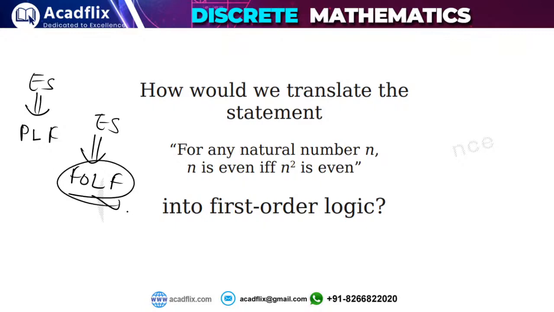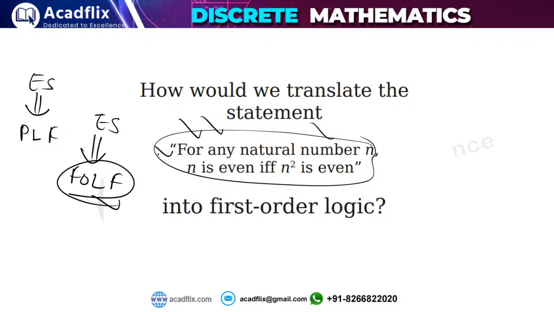For example, this is an English statement: for any natural number n, n is even if and only if n square is even. We want to convert this into a predicate logic formula. For that we need some tools. Those tools are predicates and quantifiers. We have already studied those tools, and at the end we will see how to convert this statement into a first order logic formula.